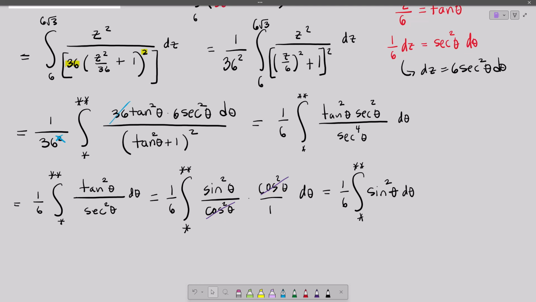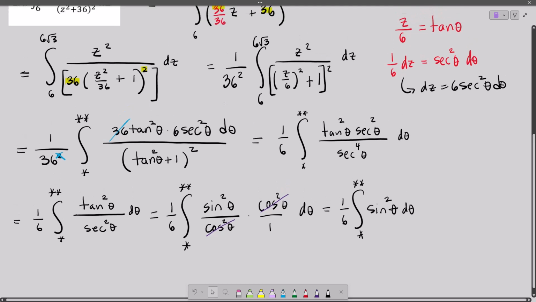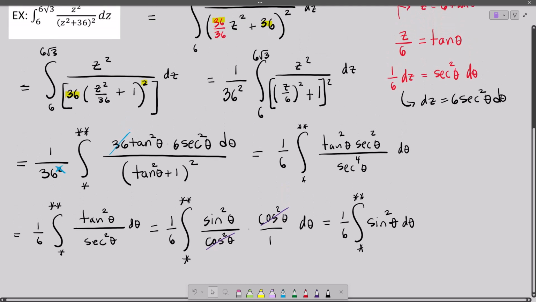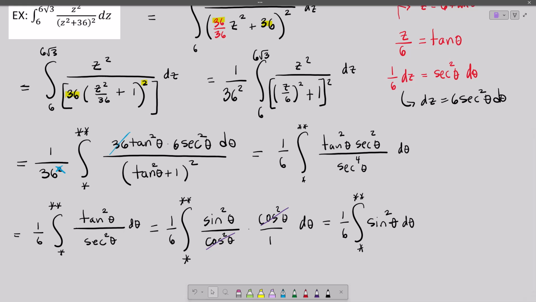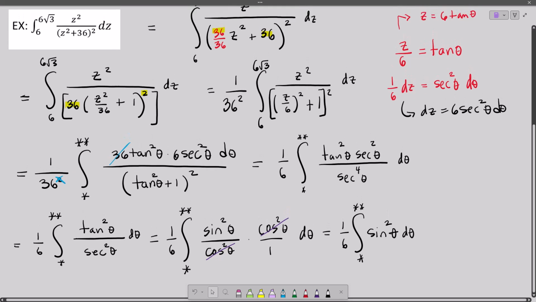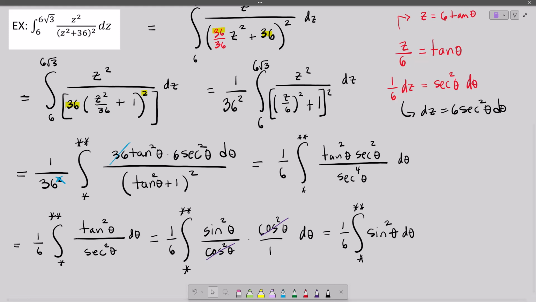Okay, so the 1/6 dx equals the secant squared theta d theta up here. Yeah, so I understand that dz was equal to 6 secant squared theta, yep, dz. But then how exactly did we get the 36 tan? How did we get this here?